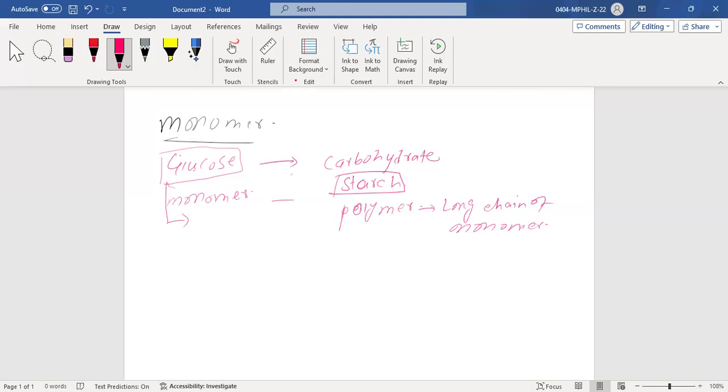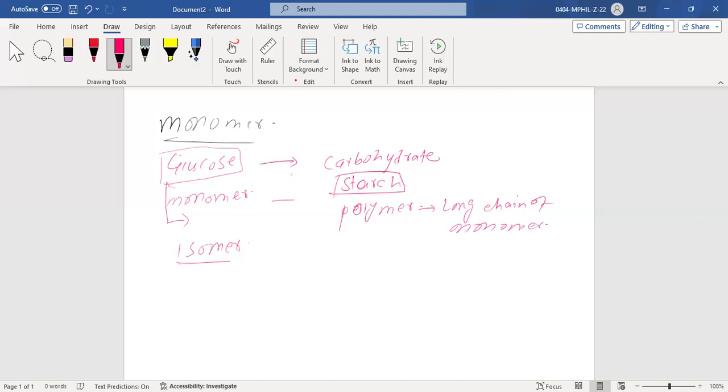Now after this monomer, we can also discuss another thing, that is isomer. What is isomer? Do you have an idea about this? Same molecule. I mean, there are two things in it. There is a formula and chemical structure. So the chemical formula of the compounds will be the same, but their structure will be different.